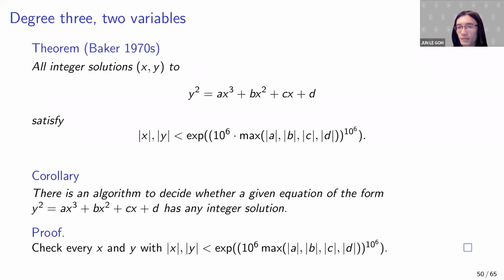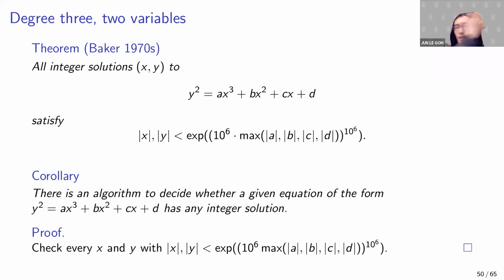There are only finitely many, so we can check all of them. If we have found some integer solution, then obviously the equation does have a solution. If we haven't found any within these bounds, then we know that there are none. So that's an algorithm.